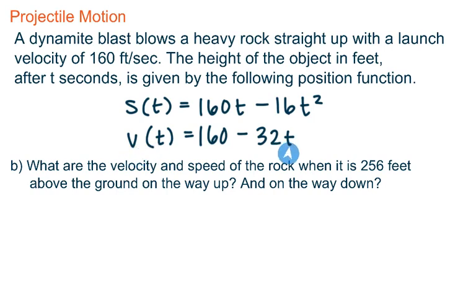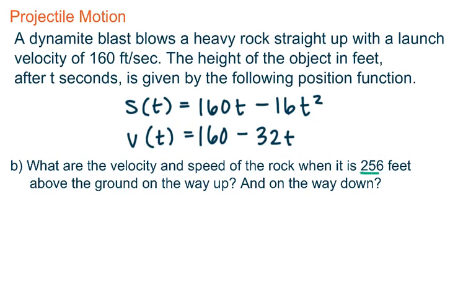That means we need a time. We are not given a time in part B. All we are given is its height above ground. And remember, height is position. So when the height or position is 256, I can find a t value. If I know that t value, then I can determine velocity at that same t value.